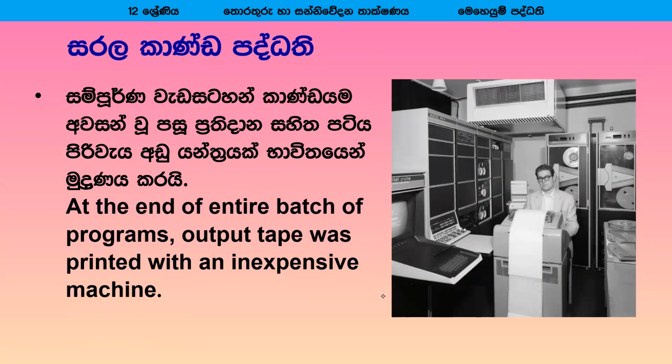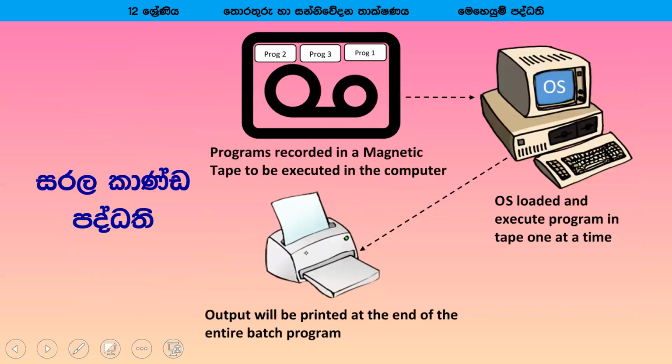So basically what they have done is they have given the programs as a batch into the computer. The operating system takes programs one by one and lets the CPU run them, and later they store the output inside a magnetic tape, and again they can print that out according to their requirement, right?